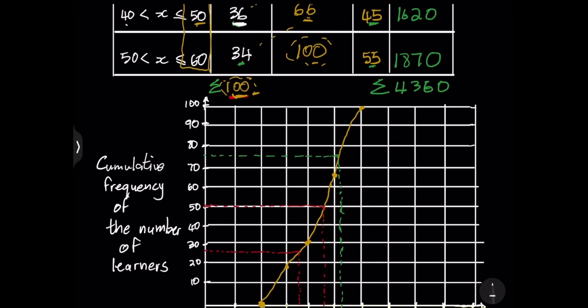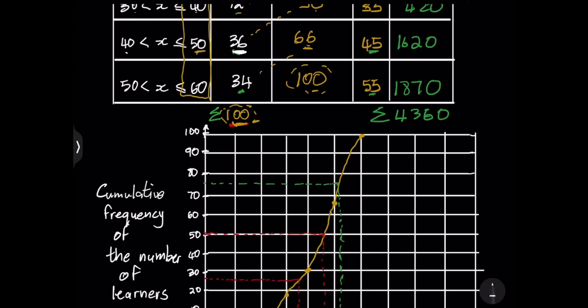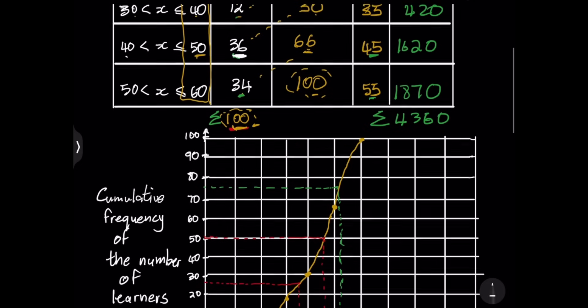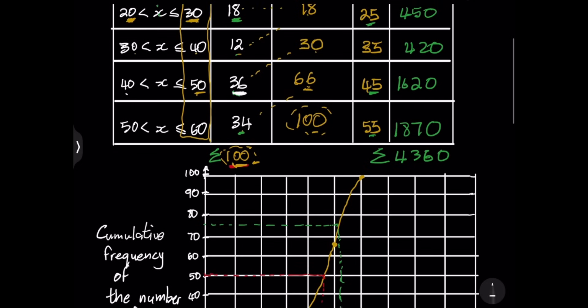Okay, so if I go there, I've represented my data. Let me just say, how many learners would obtain above 40%? Now when I go there and check, this is the class interval between 40 to 50.